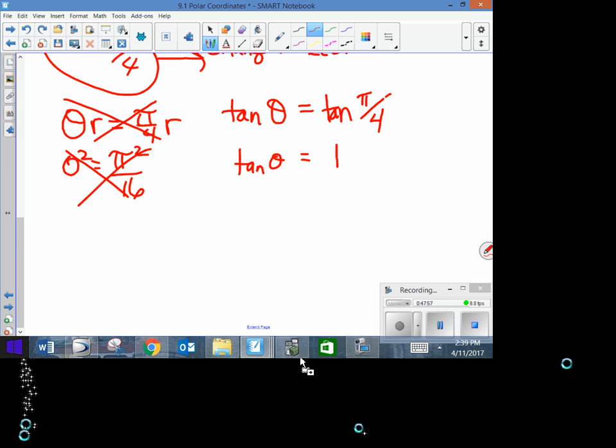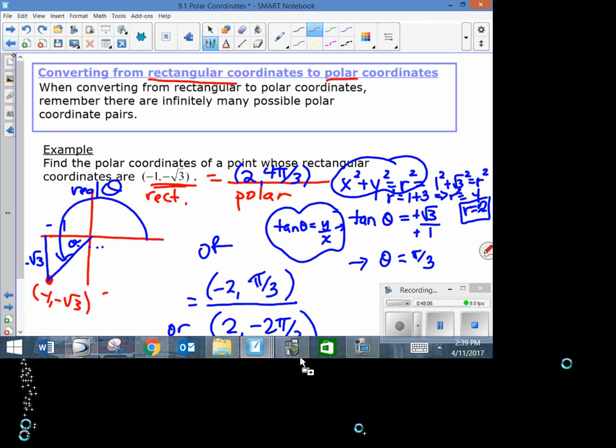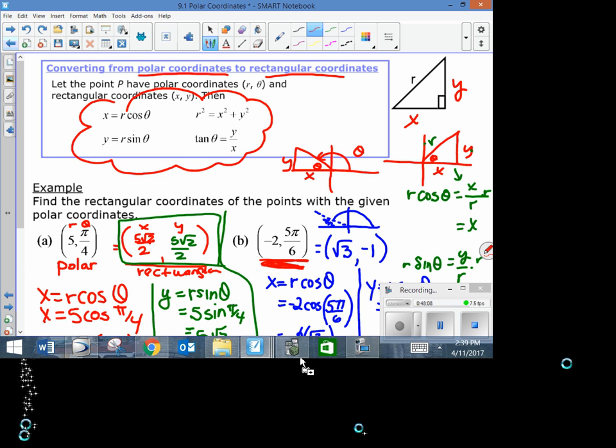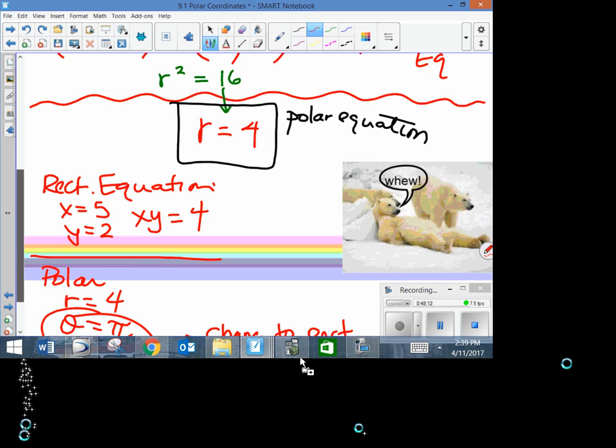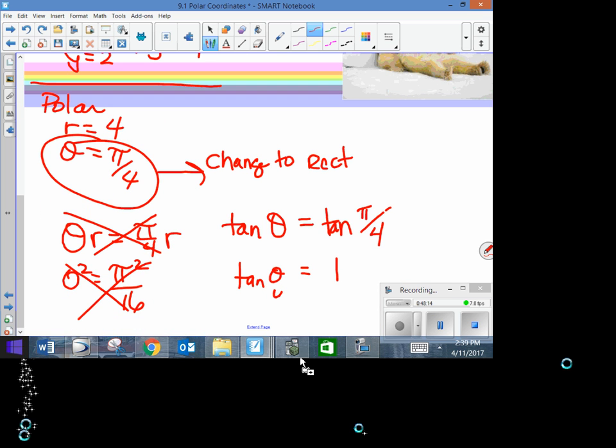Don't we know what tangent of theta equals? In our toolbox, y over x. Y over x equals 1.